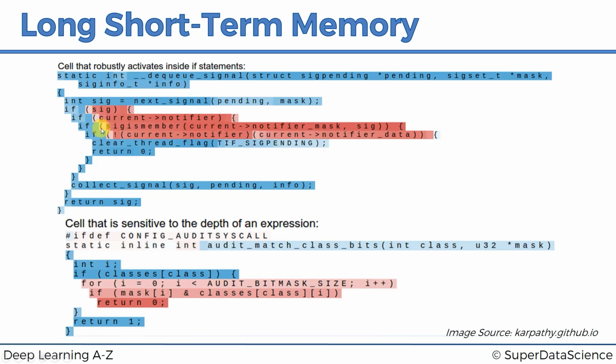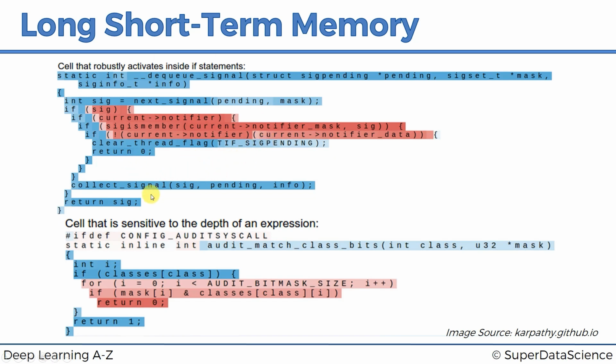You can see it stops being active at the actual body of the if statement. So it's only active for the condition of the if statement. That can be important, because you are anticipating that the condition is going to close with a bracket, and then there's going to be a curly brace to open up the body of the if statement.